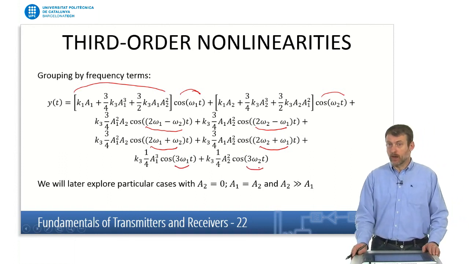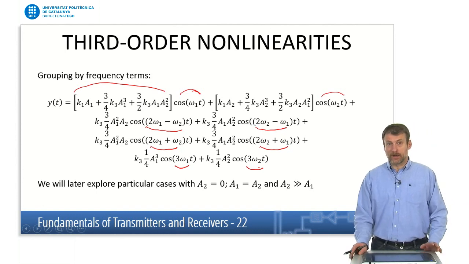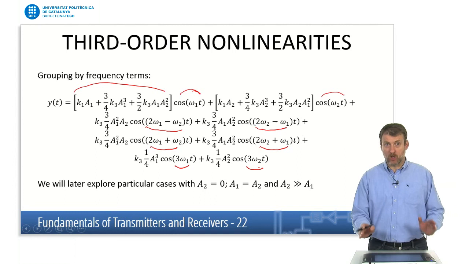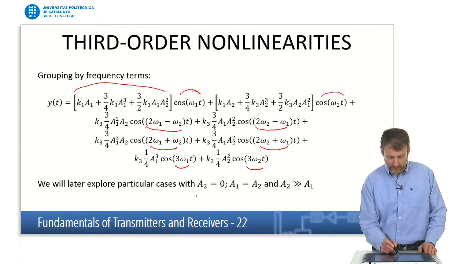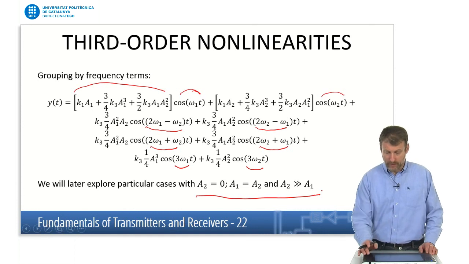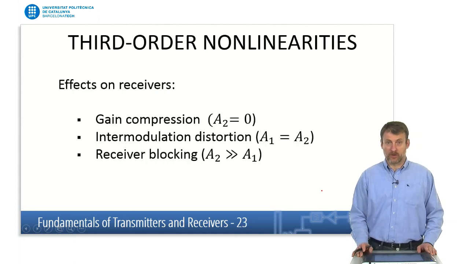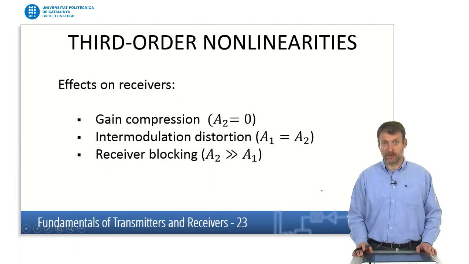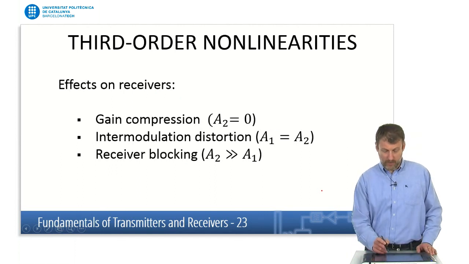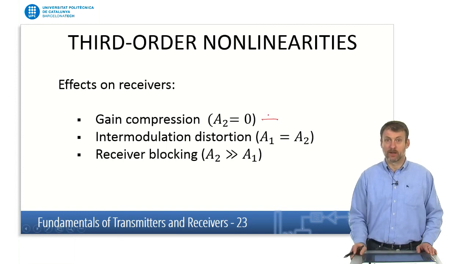So what I encourage you is to keep a copy of this slide, because it's this exact equation that we will later explore for the particular cases that I'm pointing out here. In particular, these cases correspond to real situations that occur in receivers. We will examine in the later sections of this lecture the phenomenon of gain compression, which is what happens when we only have one tone in our signal.